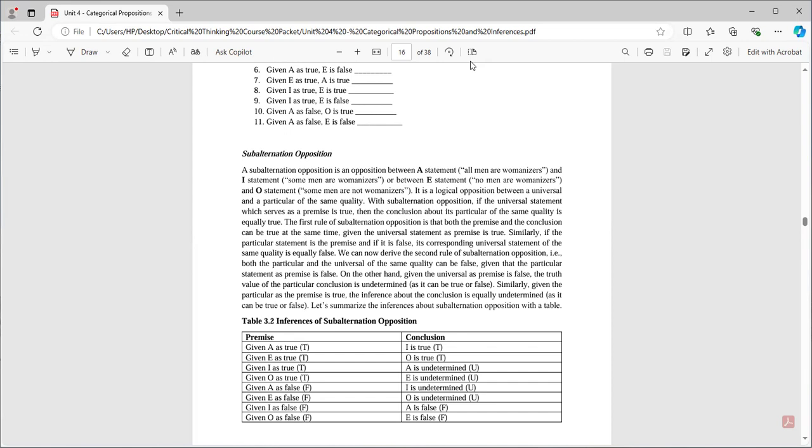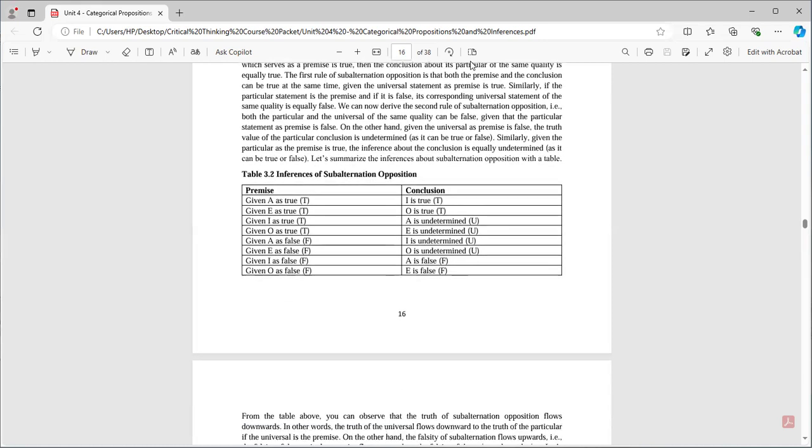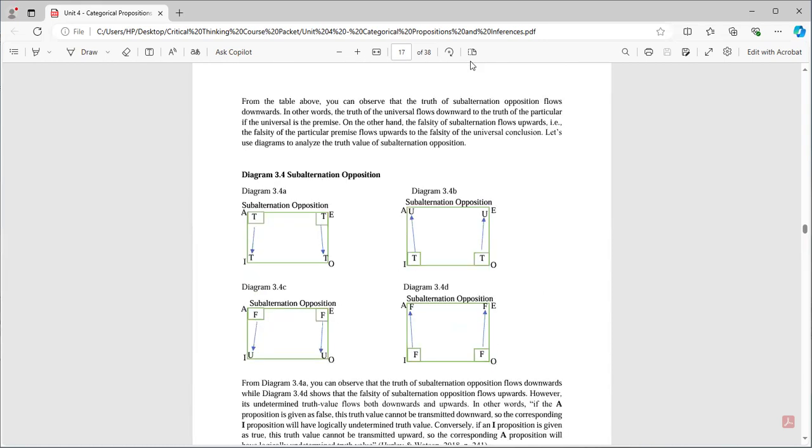So for subordination, both can be true at the same time and both can be false at the same time. So we can have the arrows like that. So when the universal is true, the particular is true. That's our premise. Because the particular is a member of the universal. So if the universal is true, then the particular must be true.